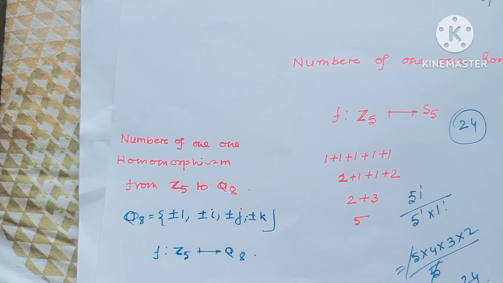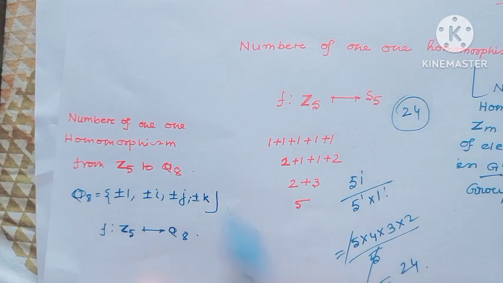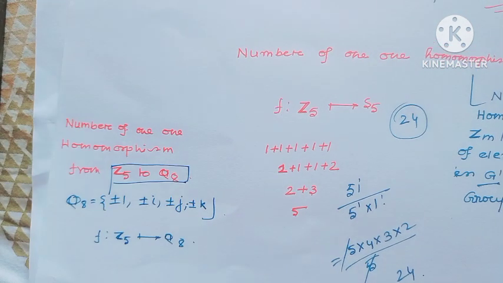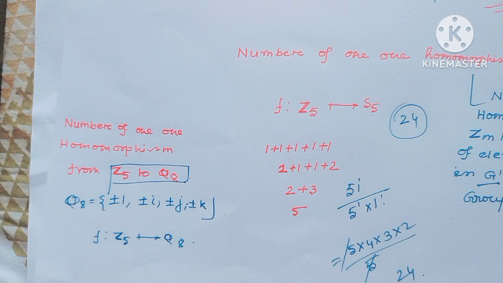Okay. Next I will find the number of one-one homomorphisms from Z5 to Q8. We have to find the number of elements of order 5 in Q8. We all know there exists no element of order 5 in Q8, which contains the elements plus minus 1, plus minus i, plus minus j, plus minus k.